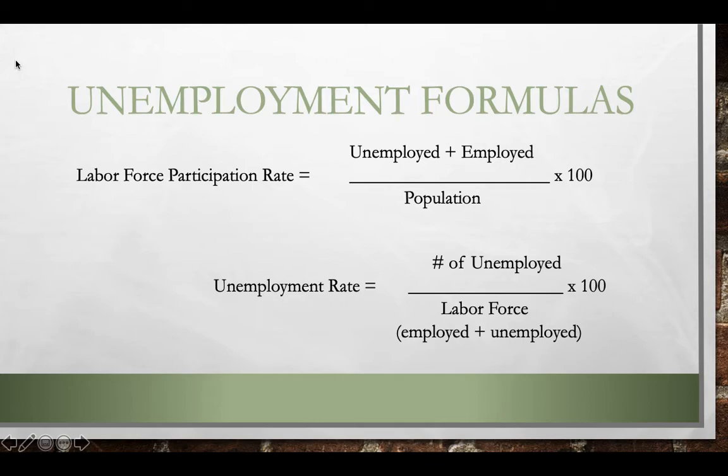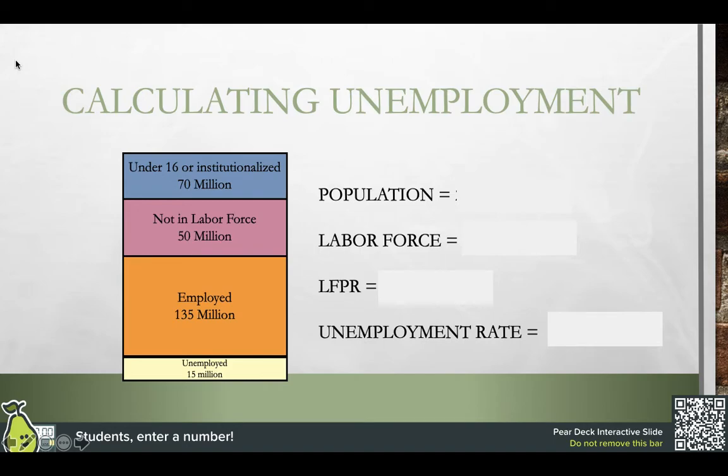Like I said, this is the easiest part of Unit 2, is unemployment. So let's take a look at this. We have 70 million under 16, 50 million not in the labor force, 135 million that are employed, and 15 million that are unemployed. So see if you can think of these to yourself before I show you the answers.